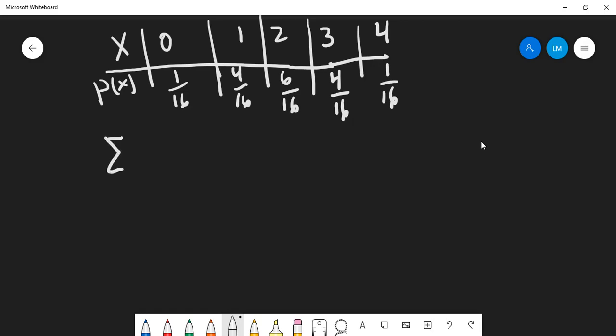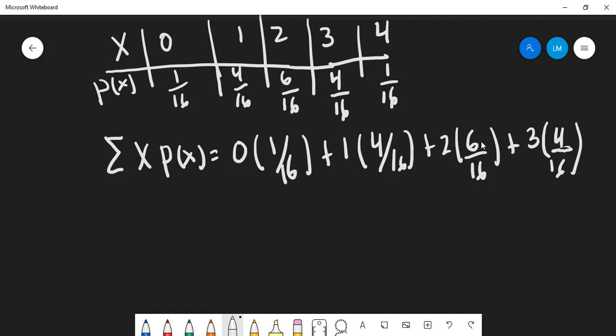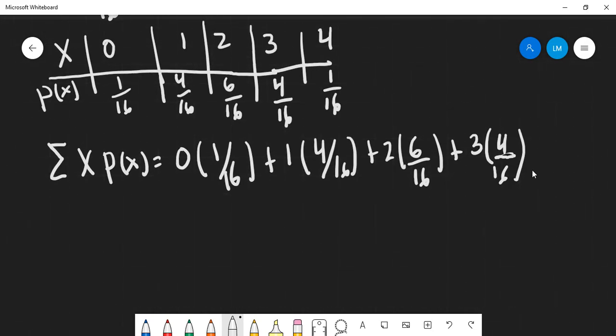So the expected value is the sum of x times p of x, which is going to be 0 times 1/16, plus 1 times 4/16, plus 2 times 6/16, plus 3 times 4/16, plus 4 times 1/16.